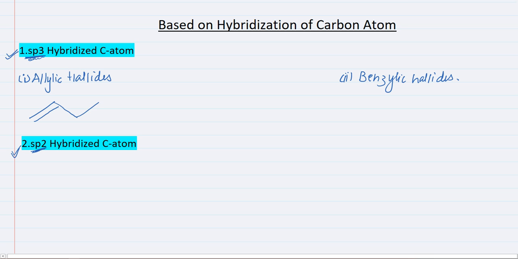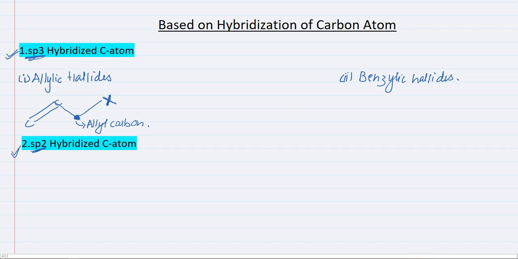Why? Because it is attached to this carbon-carbon double bond. So if your allyl carbon is attached to the carbon-carbon double bond, and you attach a halogen atom to this allyl carbon, then we will say that this is your allylic halide. For example, if you have your chlorine atom attached here, then we will say that this is your chloropropene.